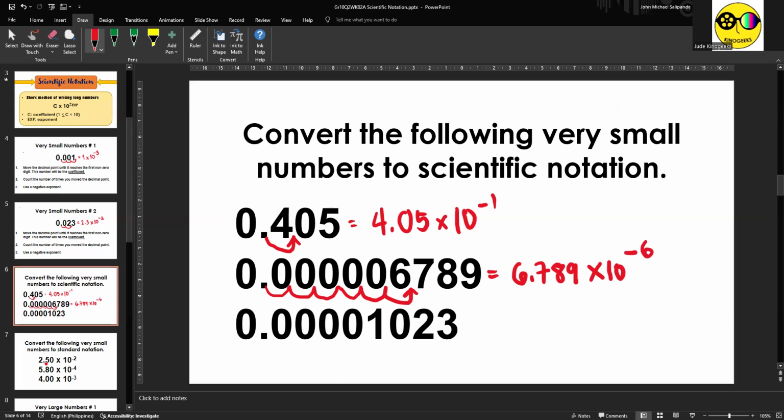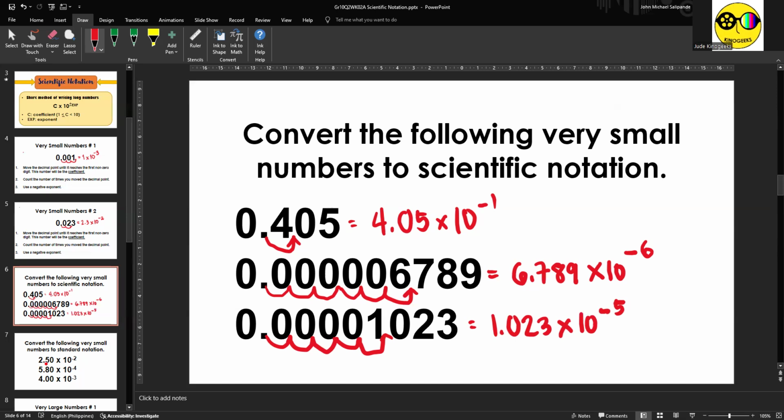And lastly, fifth example, we move the decimal point 1, 2, 3, 4, 5 times to the right. So this is 1.023 times 10 raised to negative 5. That's how we convert very small numbers in standard notation to scientific notation.